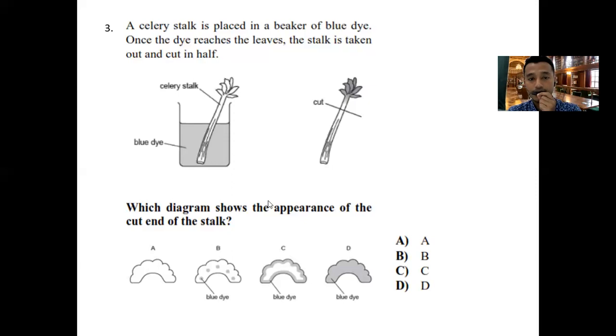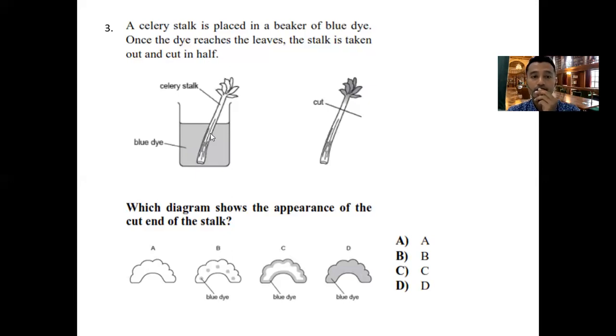So in this experiment, we have celery plants. We cut them, and then we have a beaker here with a blue dye solution, and we put the celery inside. As you know, the celery is still alive, the cells are still alive, so they can still take in the substances, water and other substances in this solution.